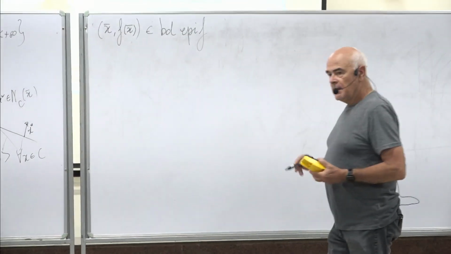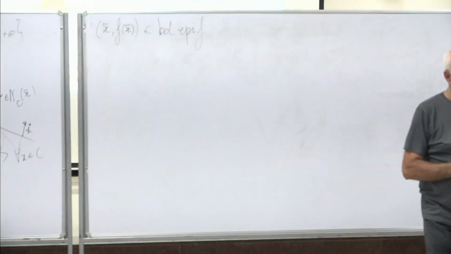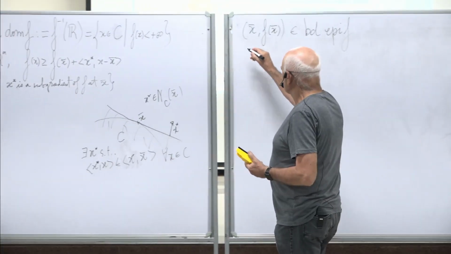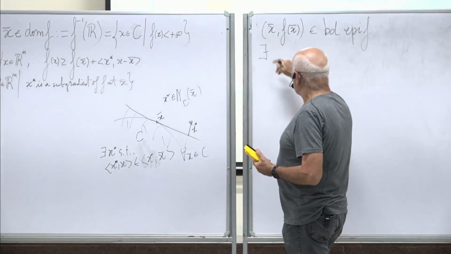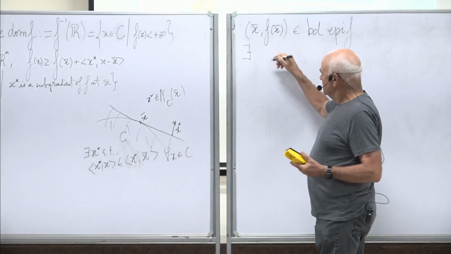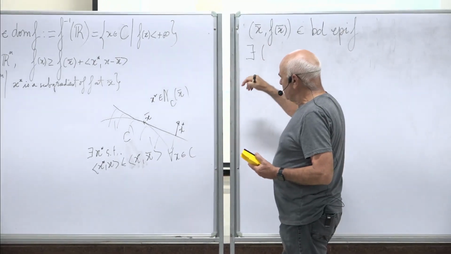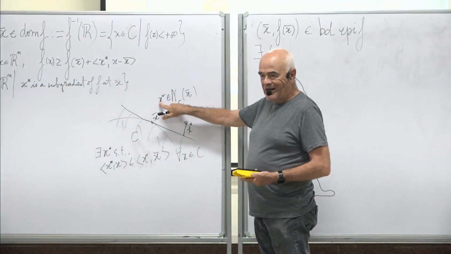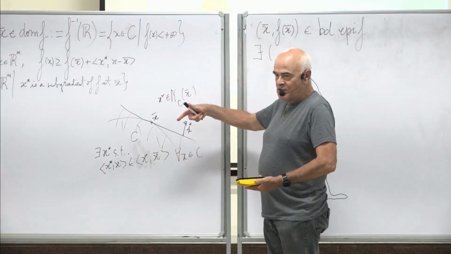Well, then we are going to use the supporting hyperplane theorem in this situation. There exists, but we are in Rn plus 1. So the supporting hyperplane is not defined just by a vector in Rn, but by a vector in Rn plus 1.